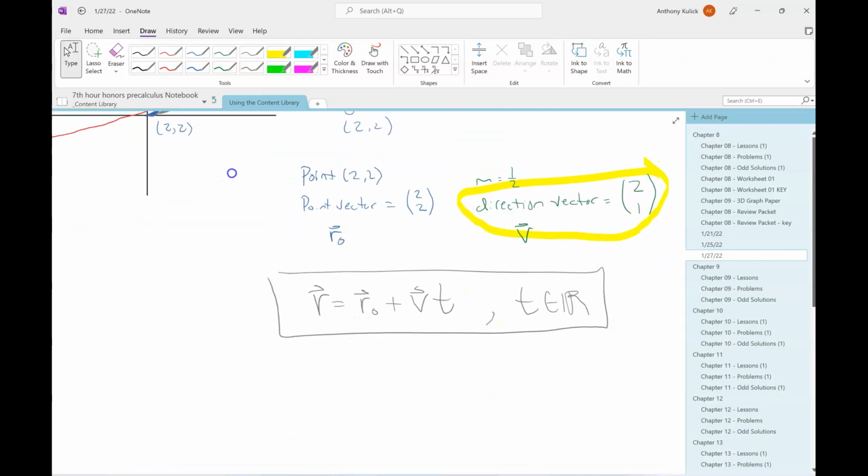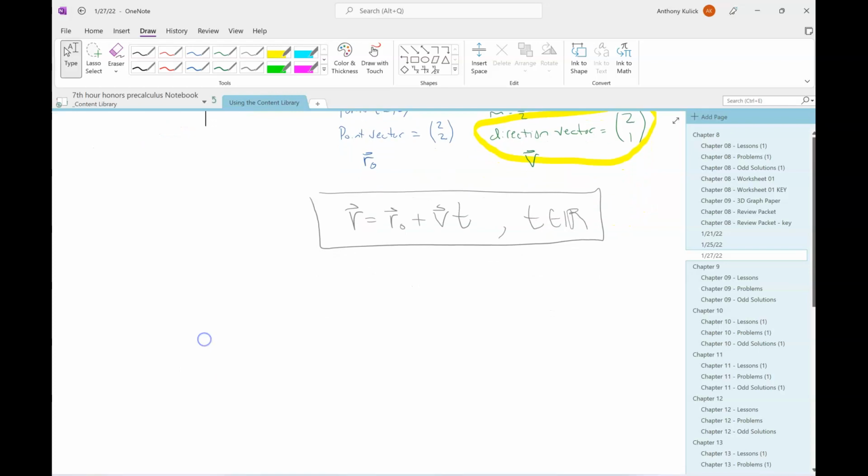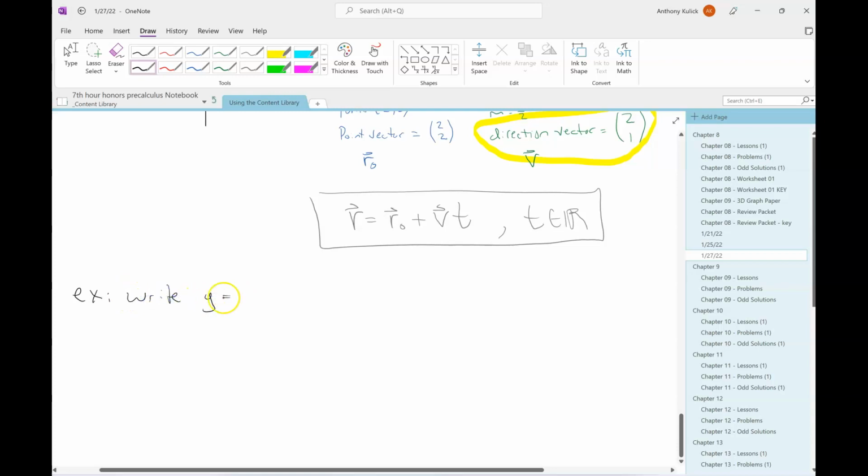So let's look at a couple of examples then. Let's say we want to write this as a vector line equation.